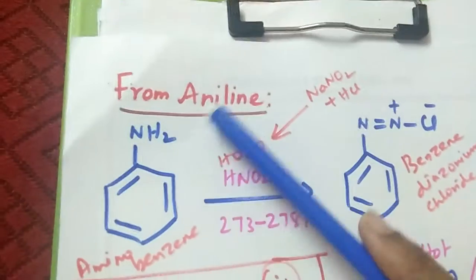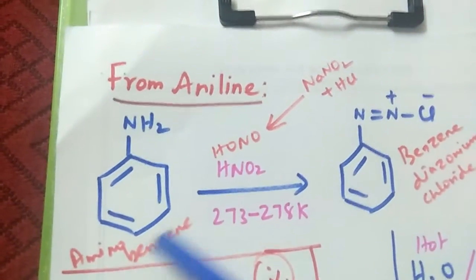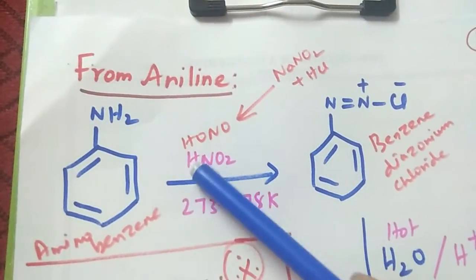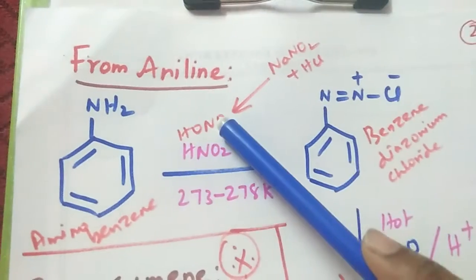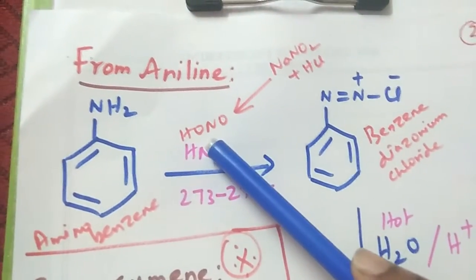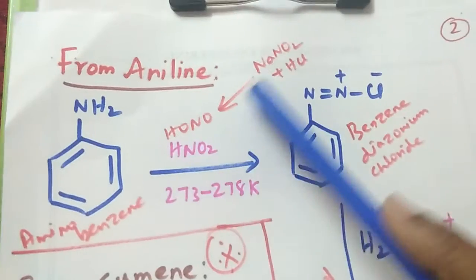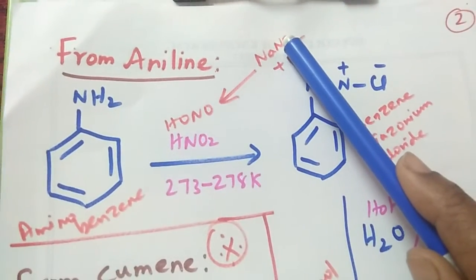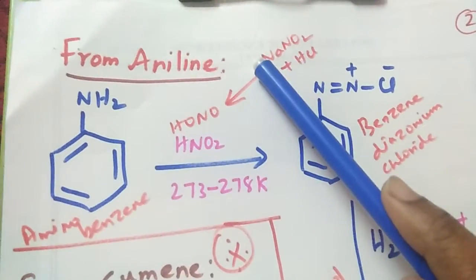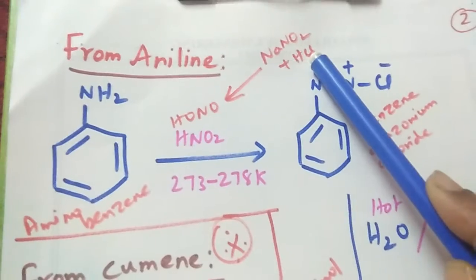It is given here. Aniline is aminobenzene. When it is treated with nitrous acid, HNO2, nitrous acid is actually HONO. It is freshly prepared. It cannot be stored as it is an unstable acid. It is freshly prepared whenever required by treating sodium nitrite with hydrochloric acid.